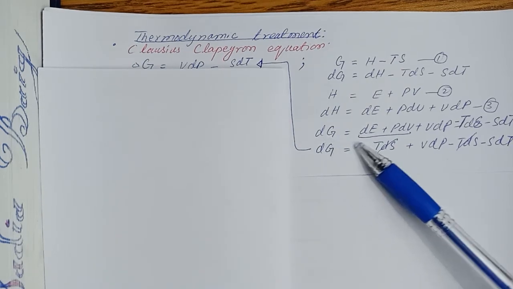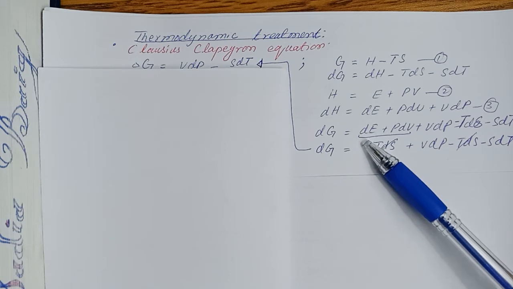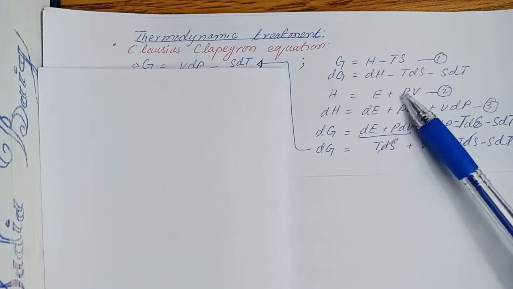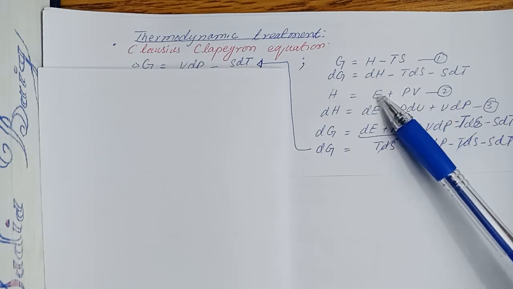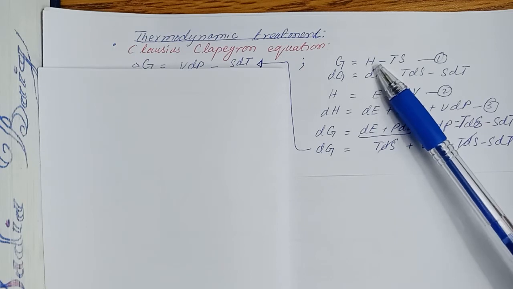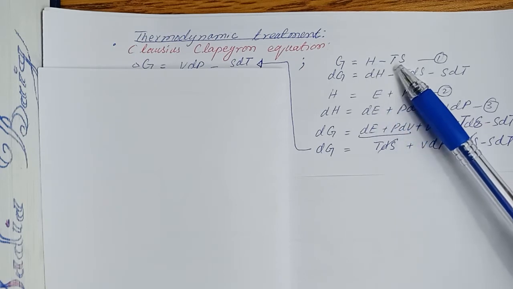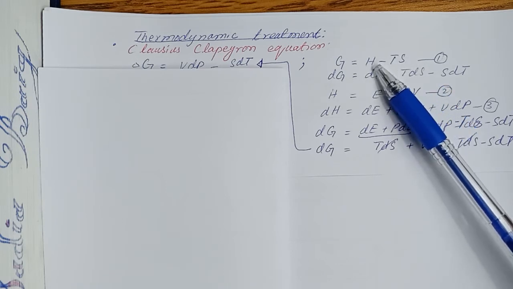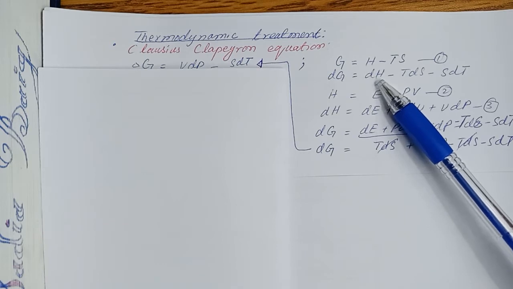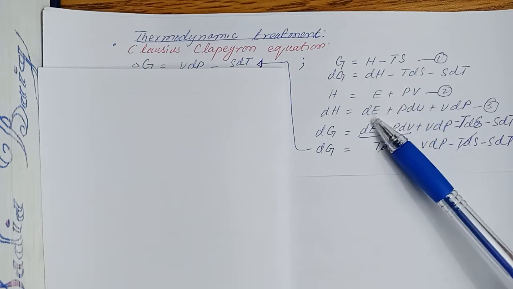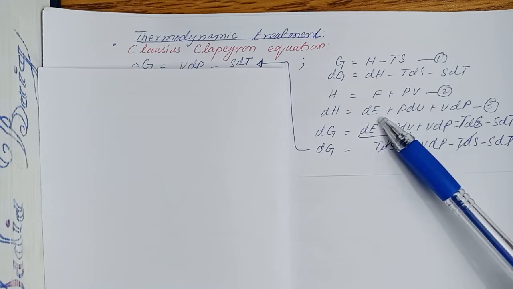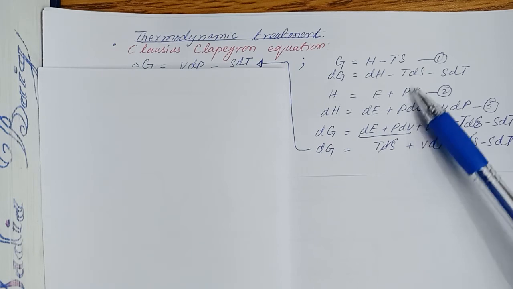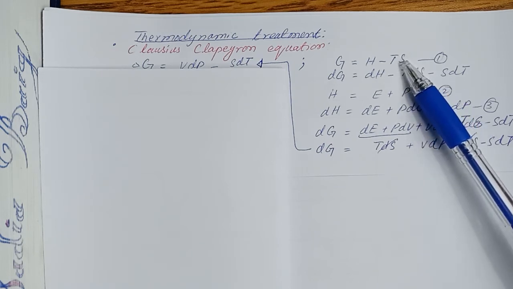That is, the Gibbs free energy change is the internal energy change, which was obtained by putting the value of the Gibbs free energy change, expressed in terms of the enthalpy and the factor T into S. So here the change in enthalpy is equal to the change in internal energy and pressure-volume work, and the differential of this term.